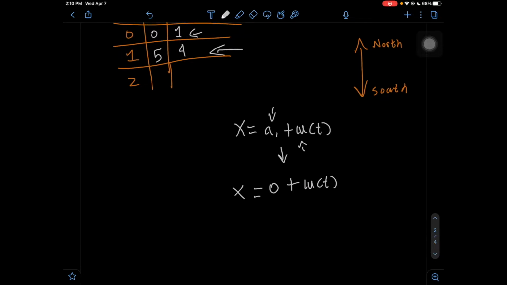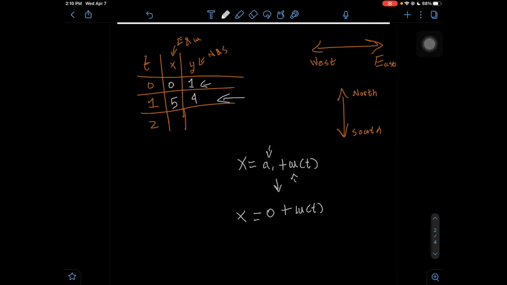So we're going to substitute that in. All we need to do is deal with our x, because this is an x equation. We know x is 5, so 5 equals 0, a1 stays the same, plus w, and we're going to look at the t at this value of 5, which is right here. So our t value at 5 is 1.